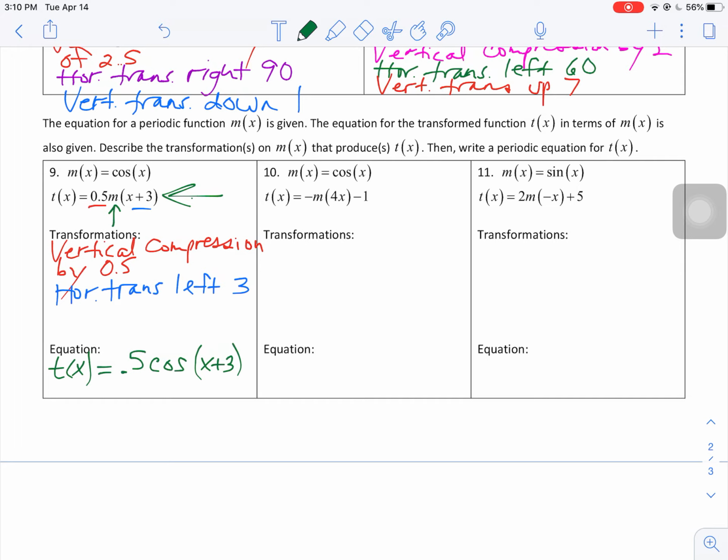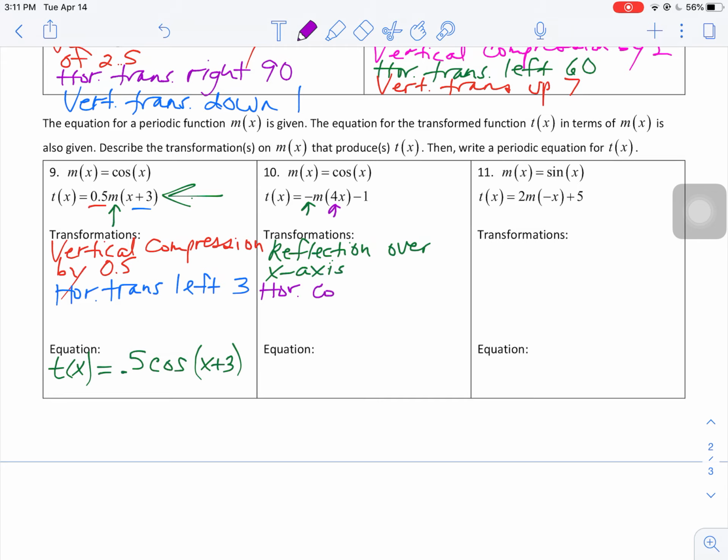On 10, the parent function is cosine x. And then we have this minus sign that is a reflection over the x-axis. And then we have the 4. And since 4 is greater than 1, that's actually a horizontal compression, because everything with horizontal is backwards.